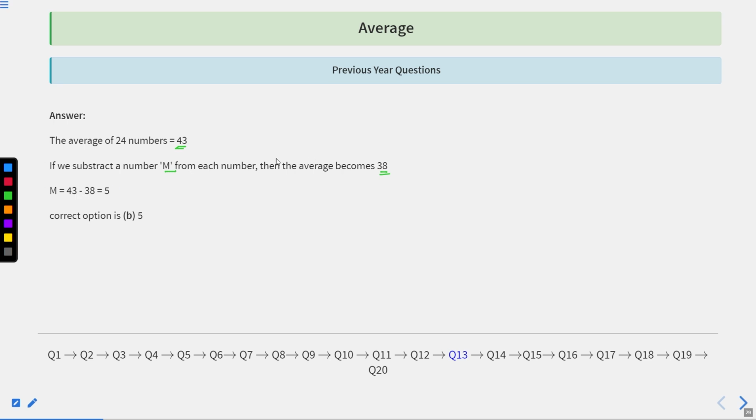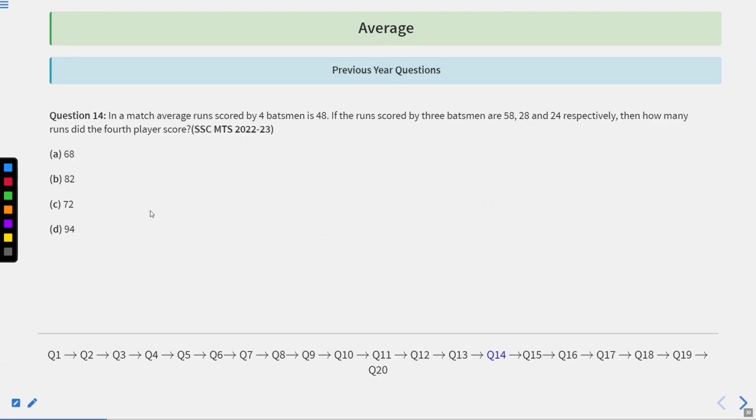So the average will also be reduced by m. So we will have 38 equal to 43 minus m. So m will be 43 minus 38, that is 5. That means we actually reduced each observation by 5. Then our new average became 38.